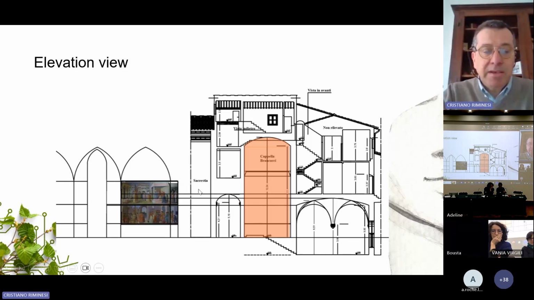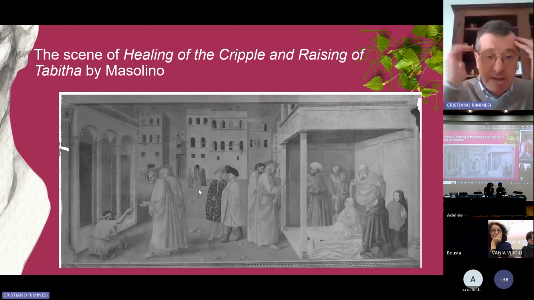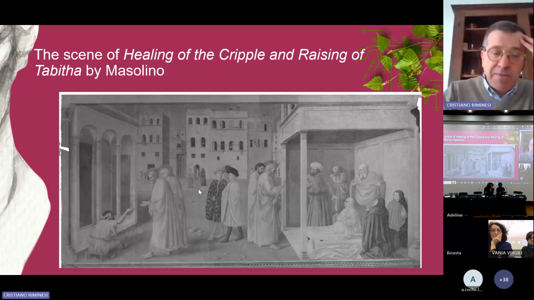There are many rooms and environments with different destinations. For simplicity, we concentrated our attention on the scene of the healing of the cripple and the raising of Tabitha, painted by Masolino.